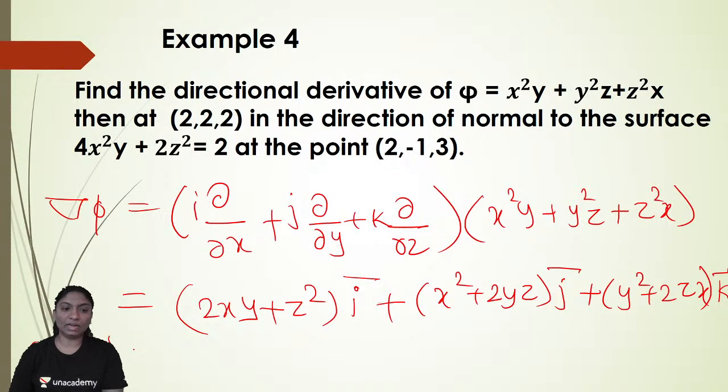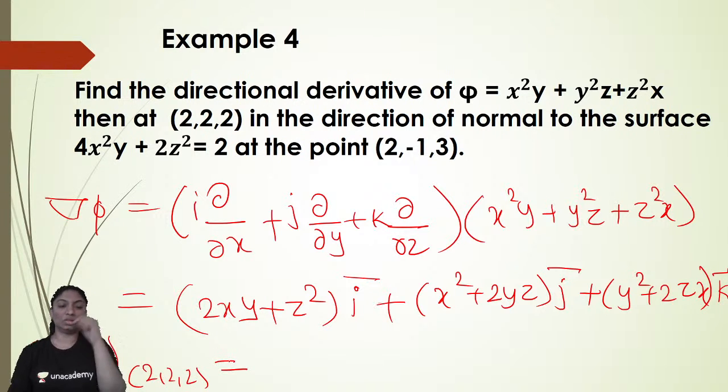Now we will calculate del phi at the point (2, 2, 2). So x is equal to 2, y is equal to 2. 2 into 2 into 2 is 8, 8 plus 4, 12 i bar.